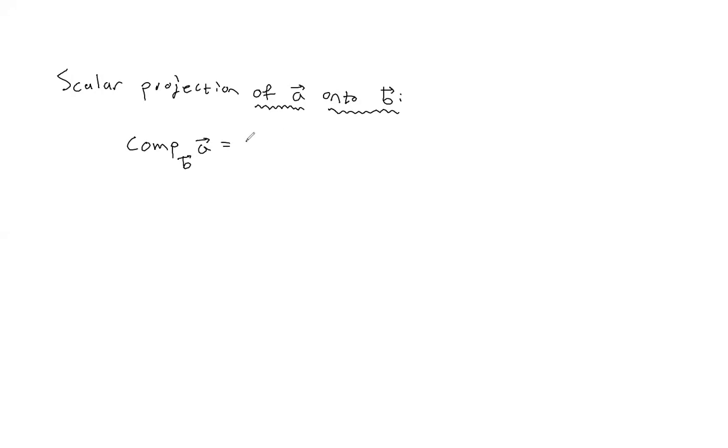The scalar projection of A onto B. The key phrase here is of A and onto B. The way that we write this is comp B A. If you want, you can also write this as comp B parentheses A. There's nothing wrong with doing that.